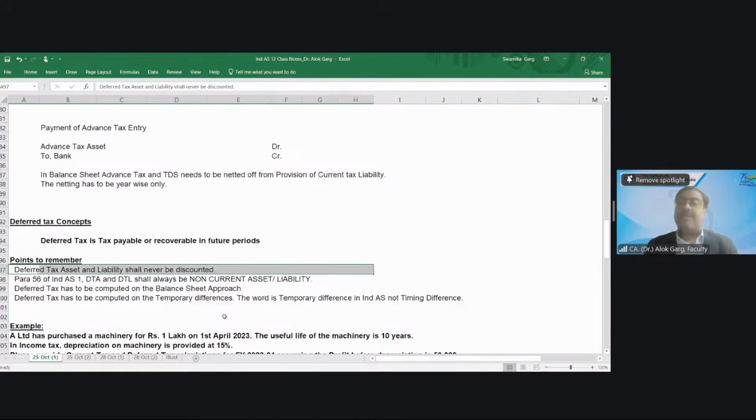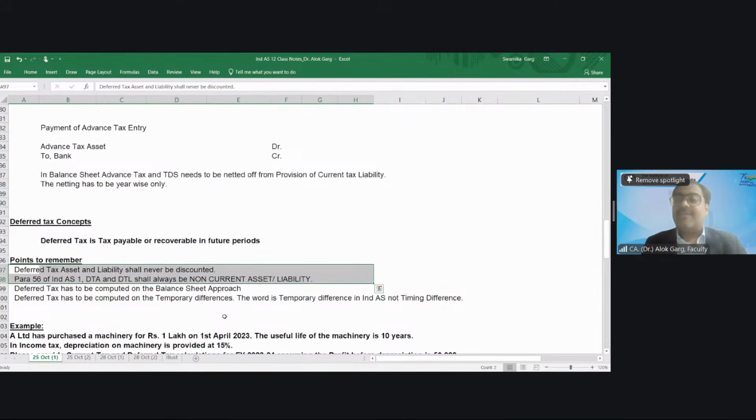For example, the question will confuse you. The examiner is aware that these small kids appearing for CA Final have spent a lot of time on Ind AS 109, on discounting and amortization.